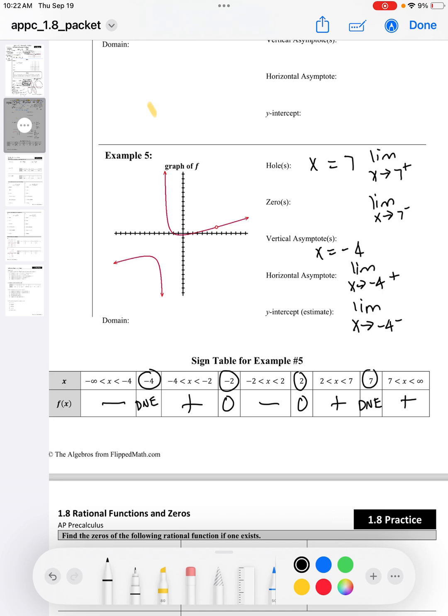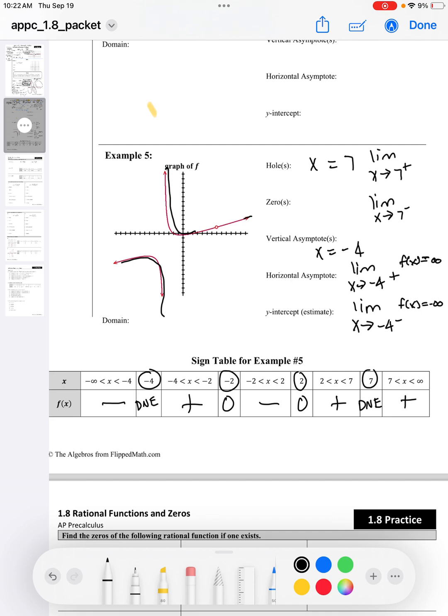So as x approaches -4 from the right, it's heading to infinity. As the limit as x approaches -4 from the left, the graph is heading towards negative infinity.